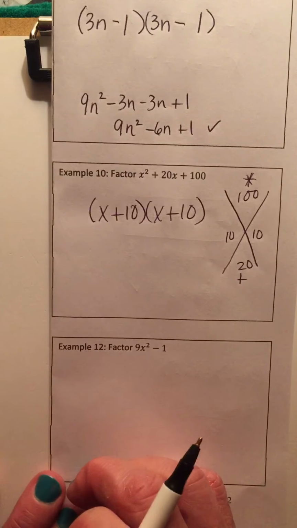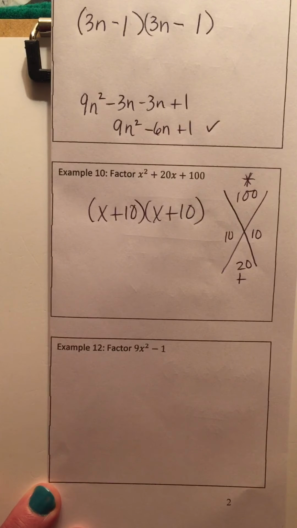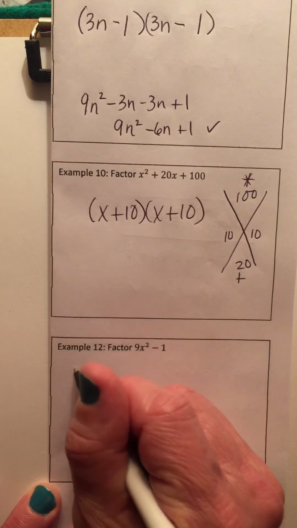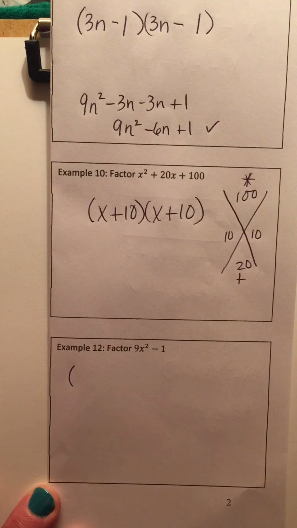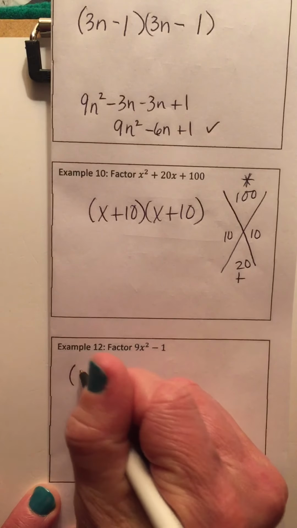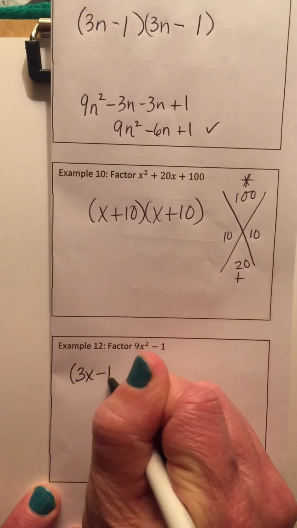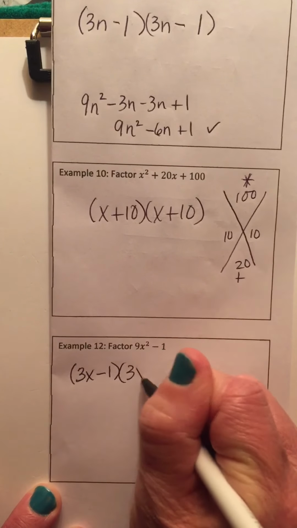I'm finishing up example 12 with a subtraction one again. Remember, back to the subtraction ones like example 2, we're going to have a plus sign and a minus sign in our parentheses. 9x squared minus 1, it's going to be 3x minus 1 times 3x plus 1.